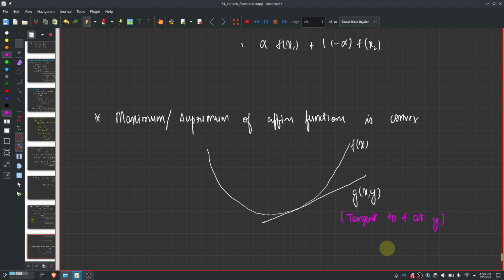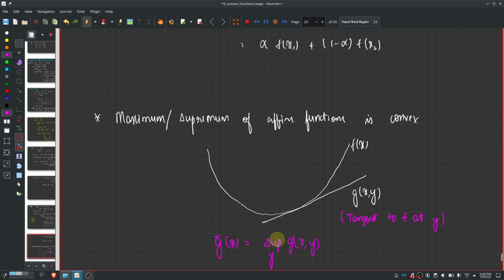Now we've seen from the first order condition that the tangent is always a lower bound for the function, and it passes through f at exactly one point. So if I take another function, g bar of x, equal to the supremum over all possible y of g of x comma y, you know that for every y, g of x comma y is less than or equal to f of x.